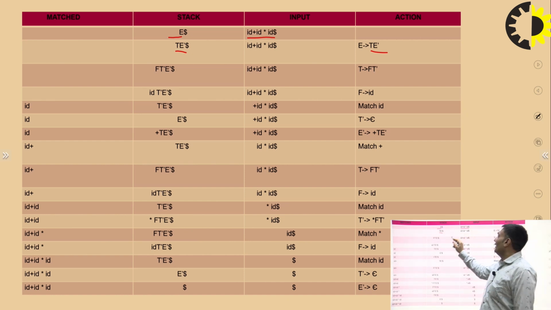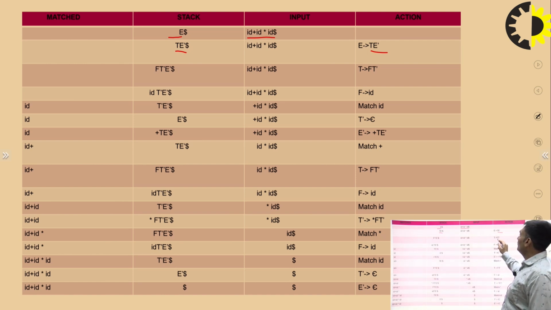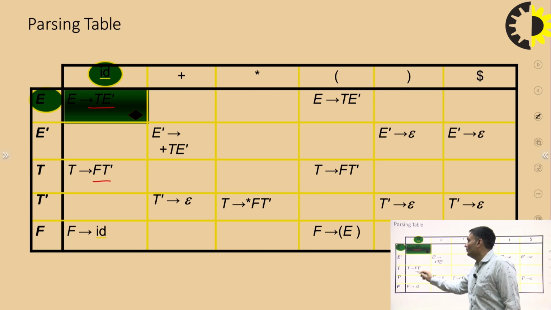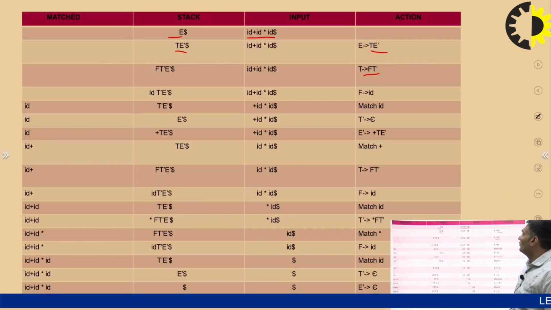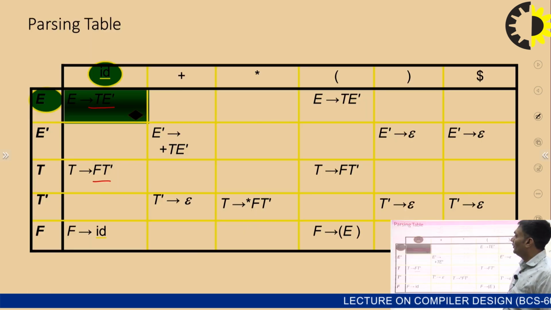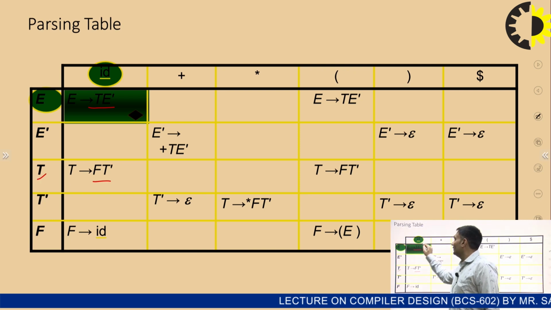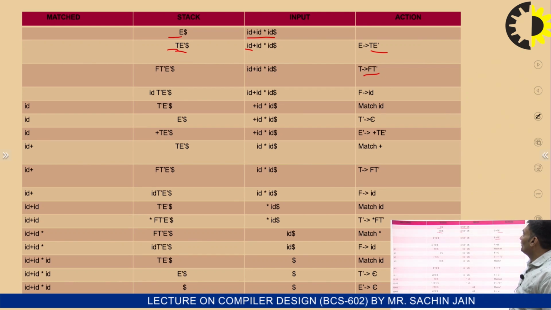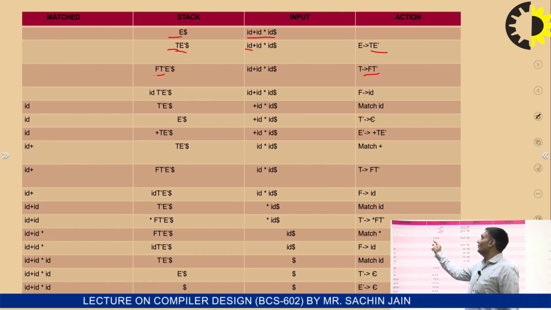Now again we see T on id: the rule is T to FT dash. Then again we refer to this table for T and id, and the rule will be put here in the reverse order.